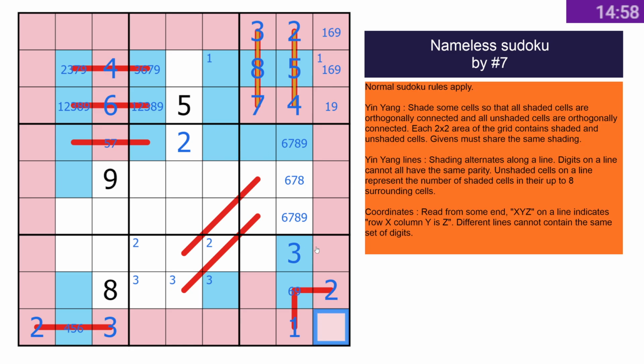That's a 7, 8 pair. So what are these cells? 3, 7, 8, not 4 or 5. These cells, 169278. What was this saying? Sorry. Oh, this is just placing that 1, isn't it? Yeah.